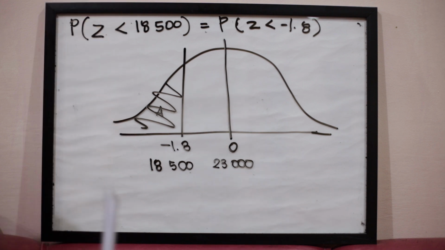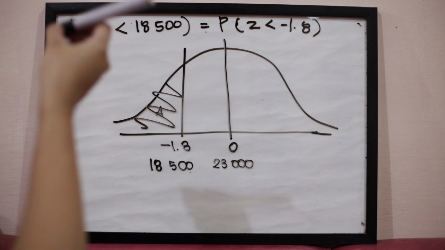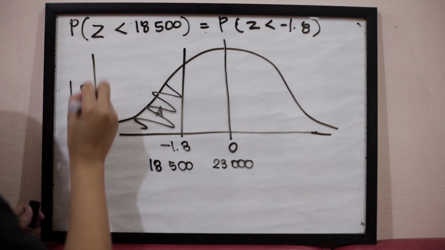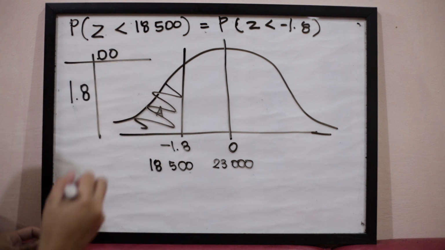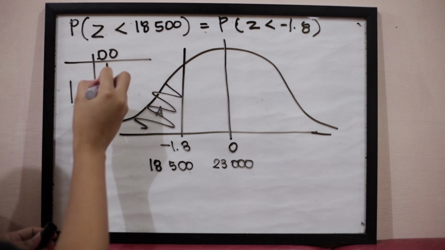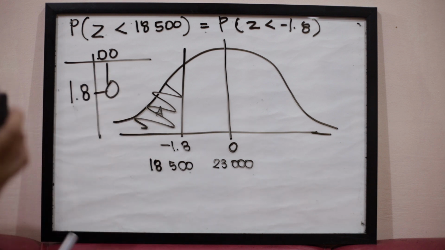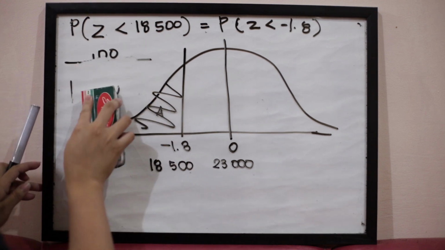Then in the first row, it is 0.00. You get the intersection of these two, and that will be the region from 0 to negative 1.8.